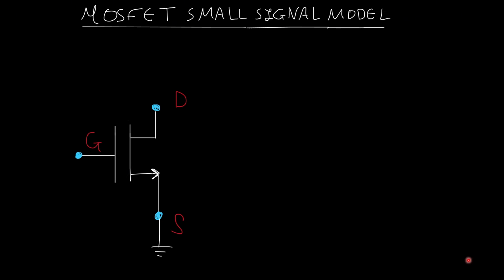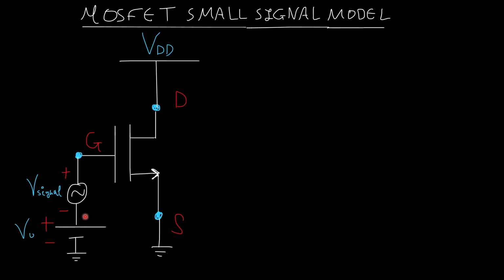Now we are going to look at the small signal model of the device. Before we do it, I will connect a small signal source here, a few millivolts, let's say. And I'm going to connect two batteries here. This is a battery in reality, or connected like a common rail here.